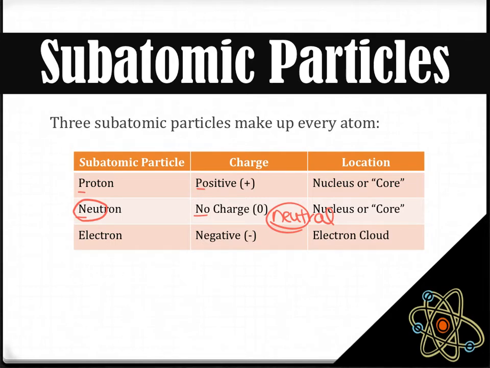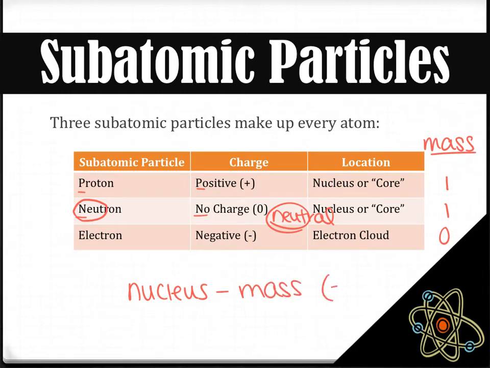Now, hopefully you guys remember, if I consider the mass, a proton has a mass of 1 AMU, a neutron has a mass of 1 AMU, and we say that electrons have a mass of 0. So you can look and see that our nucleus as a whole will have all the mass, and it will be positively charged.